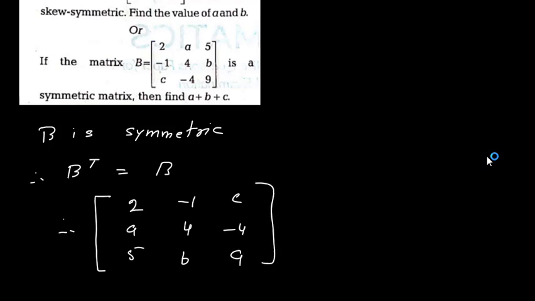Therefore, B transpose is equal to B. Now B transpose is this 2, a, 5, then minus 1, 4, b, and then c, minus 4, 9, is equal to B, that is 2, a, 5, minus 1, 4, b, c, minus 4, 9.